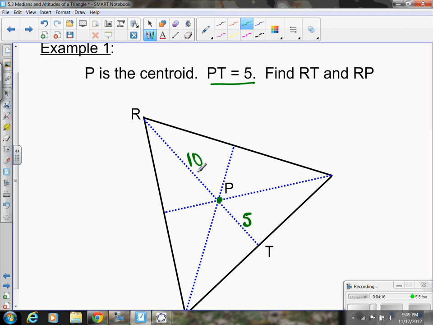So 2/3, 1/3, together 3/3 is going to be 15. So RT equals 15, and RP equals 10. Okay, so 1/3 of 15 is 5, 2/3 of 15 is 10.